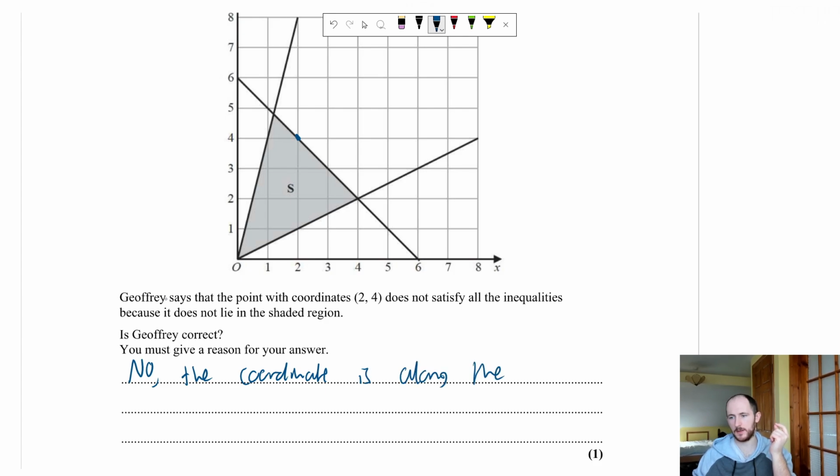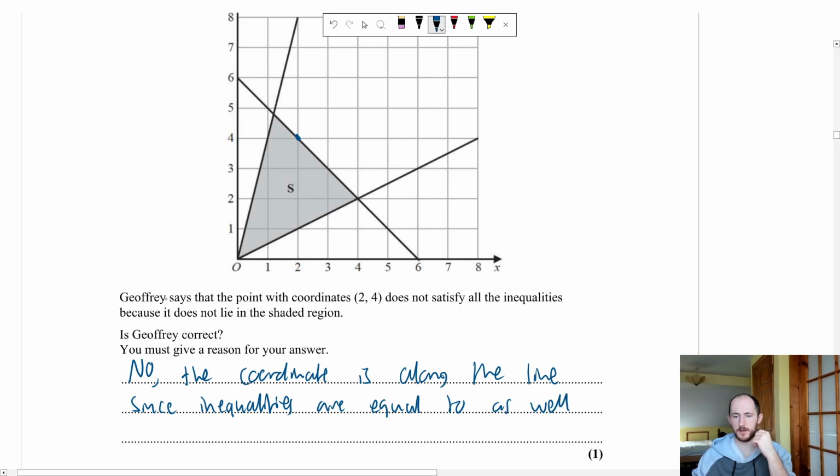Since the inequalities are equal to, well, this satisfies them. Okay? So being along any one of these lines, so any coordinate along this black line or this black line, as long as it's here, is actually still fine.